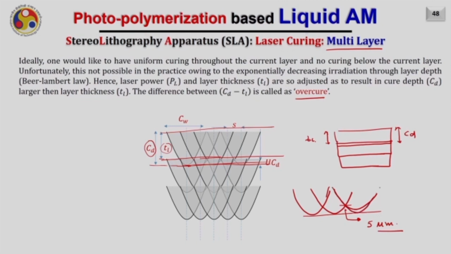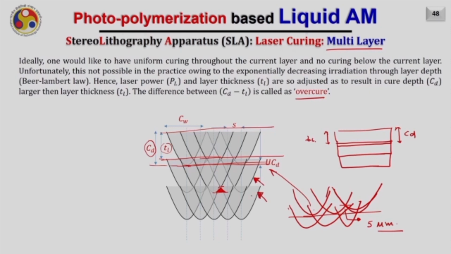So this is the first layer we have got. Then I am going to cure another layer. The next layer will be something like this, or in a better picture it is seen here. This particular portion which was earlier undercured now got cured because of the overcuring of the current layer into the previous layer.